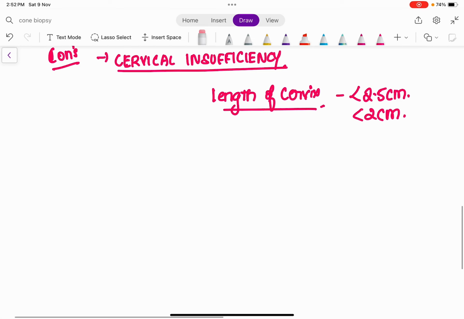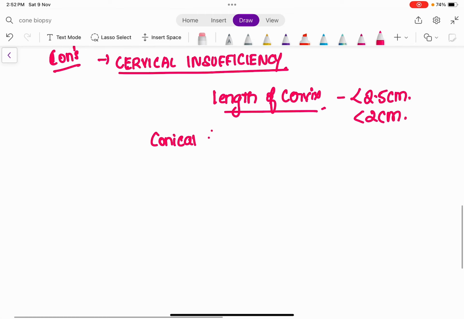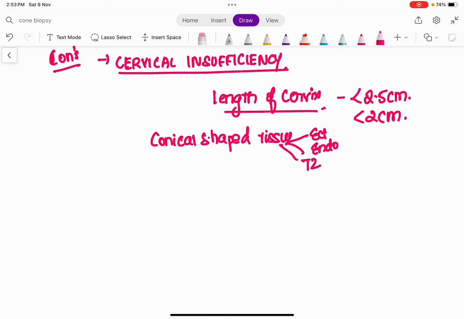So why? Because you are going to remove a conical shaped tissue piece from the cervix, and this tissue is going to involve the ecto, the endo and the transformation zone. Since you are removing a tissue piece from the cervix itself, it is going to result in cervical insufficiency.